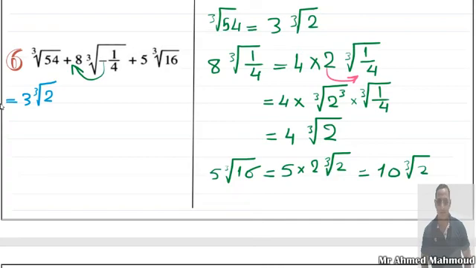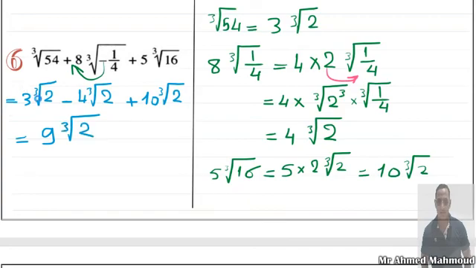The negative will go outside: negative times positive equals negative. 8 cubic root quarter equals 4 cubic root 2. 5 cubic root 16 equals 10 cubic root 2, positive 10 cubic root 2. So it equals 3 minus 4 plus 10. Again, 3 minus 4 plus 10 equals 9 cubic root 2.